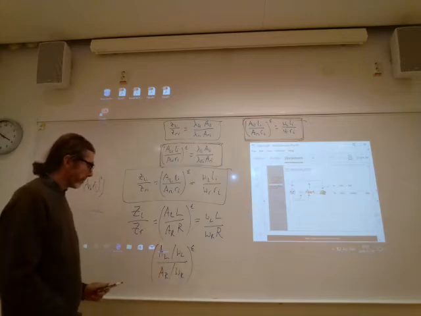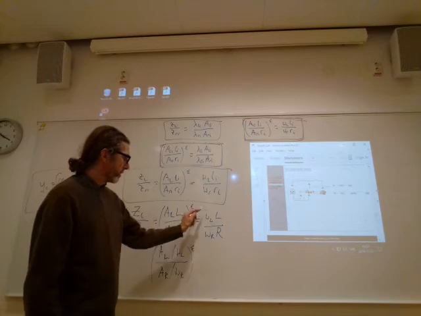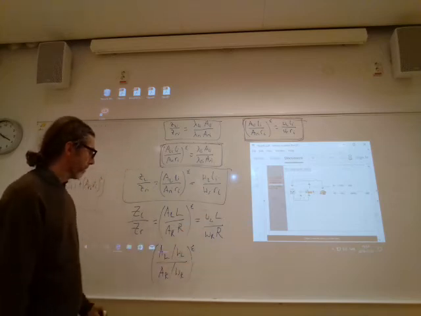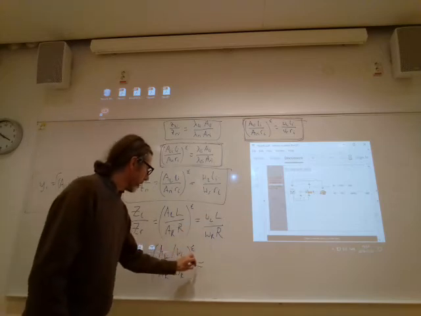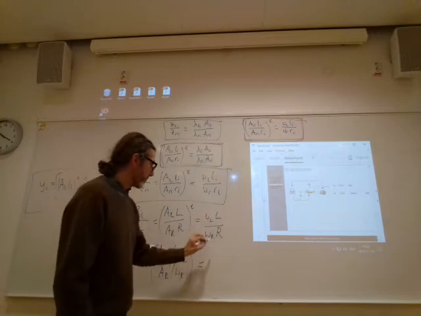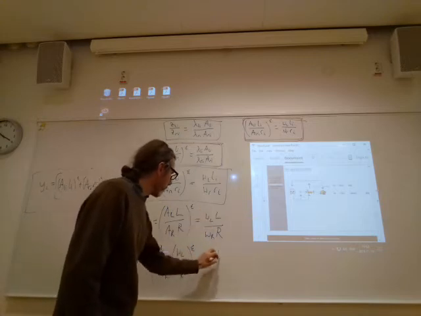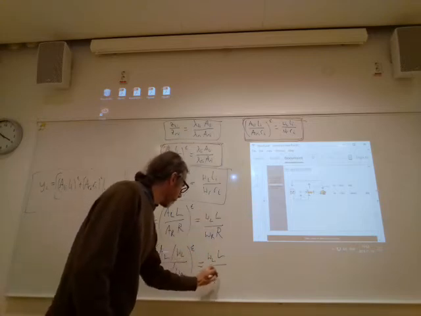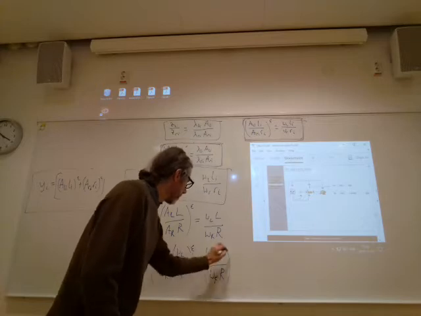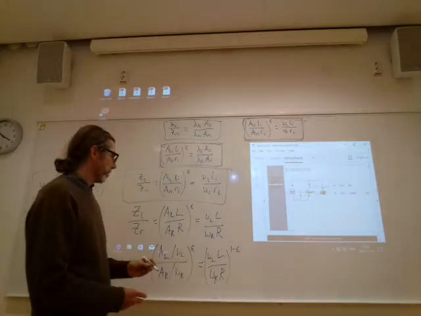If we multiply this by this to the minus epsilon, we end up with WL L over WR R to the 1 minus epsilon.